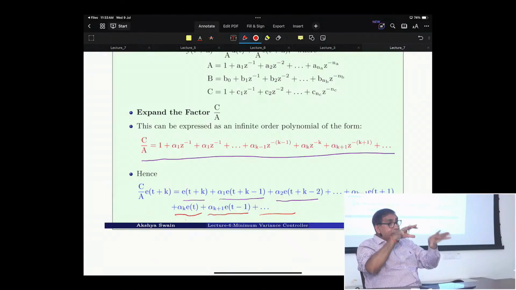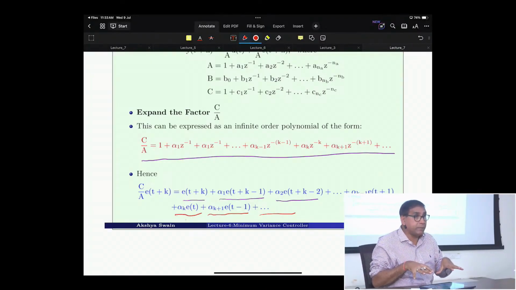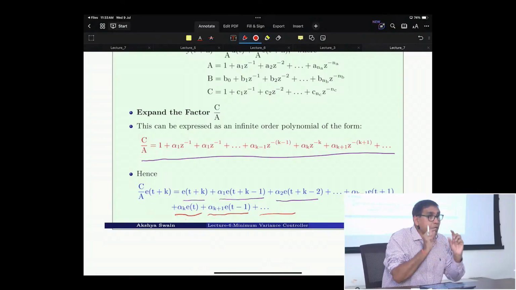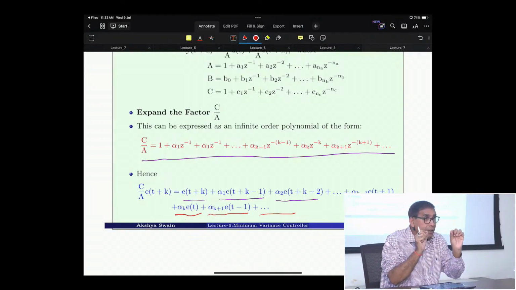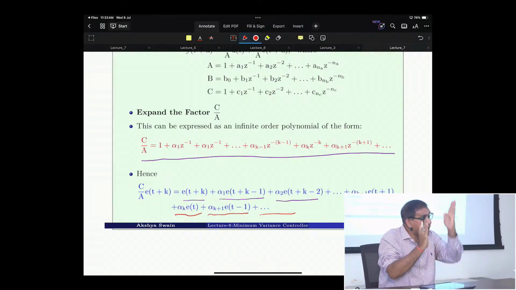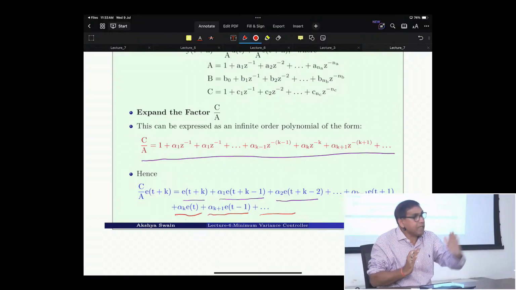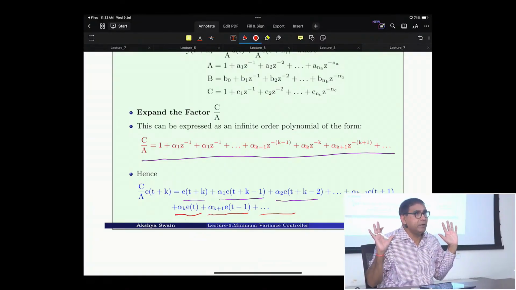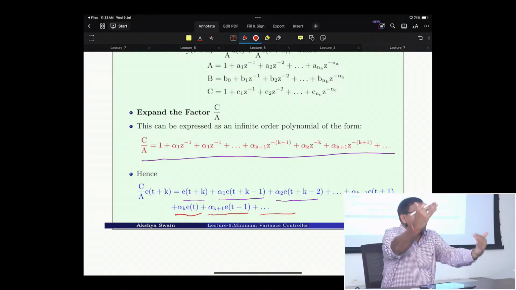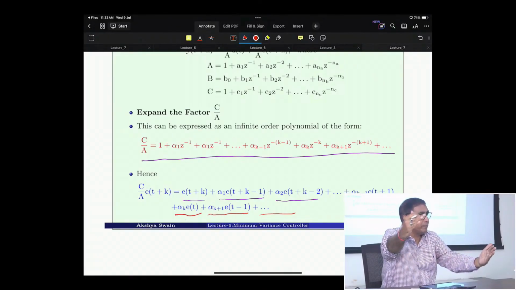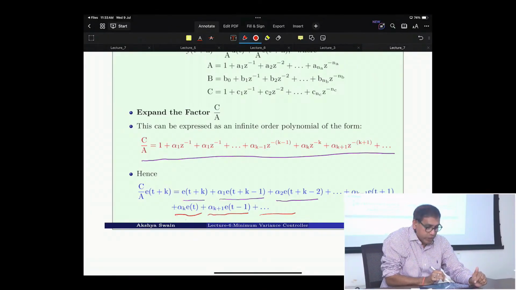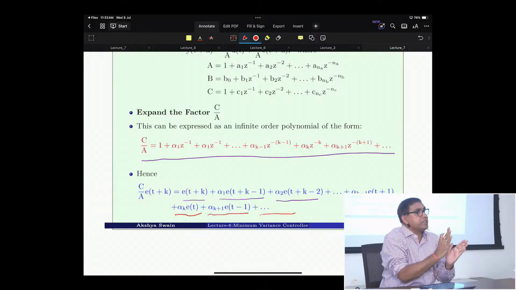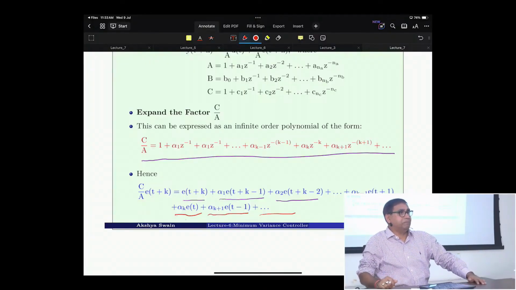He is at a time t, you are at time t, right? Now if you are at time t, whatever is happening at time t and before, you know it, right? What will happen in future, you do not know it, right? Now tell me in this expression, which terms you know and which terms you do not know?